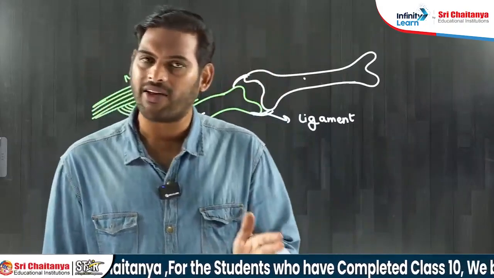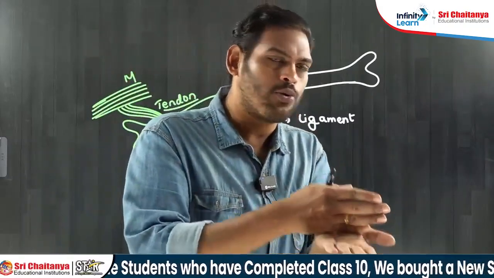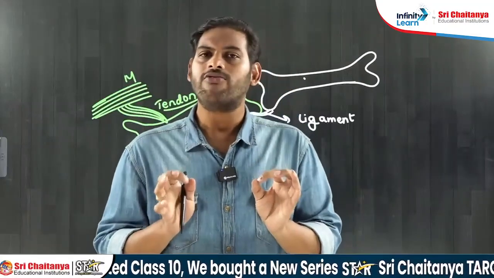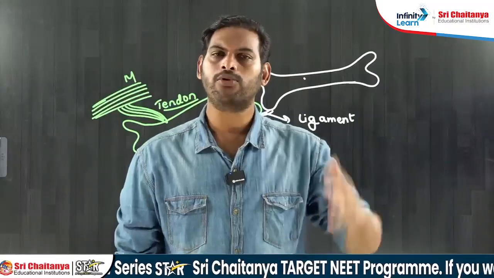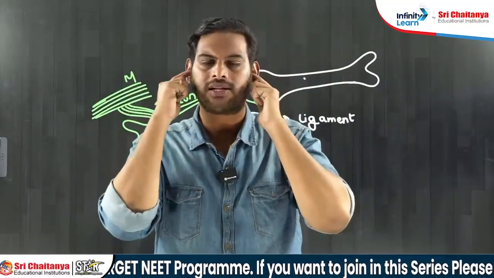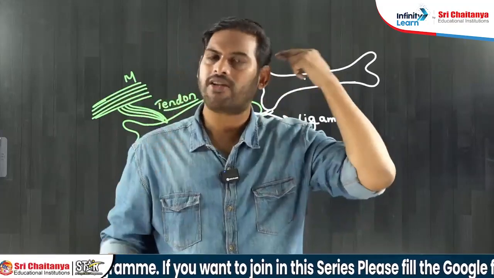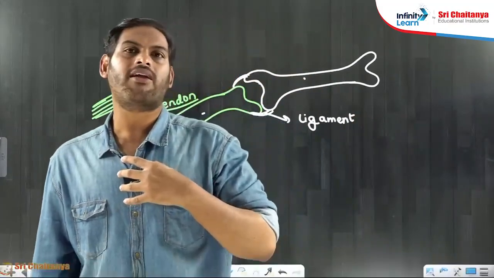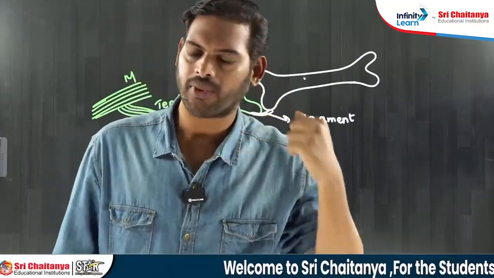For convenience, we can split the skeleton into two parts. 80 bones are found along your axis: bones of the head, skull, face, ossicles, vertebrae, ribs, sternum. All of these 80 bones are commonly referred to as the axial skeleton.